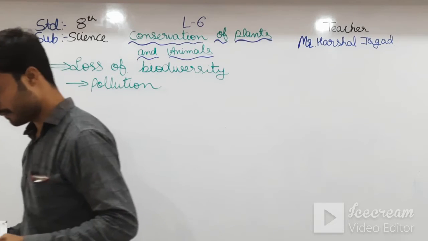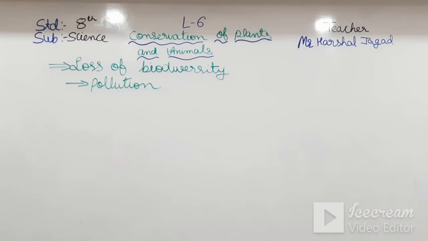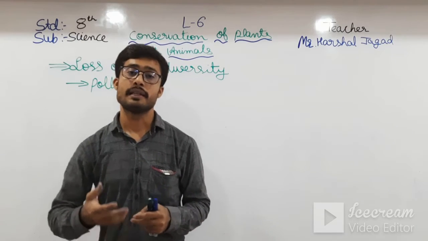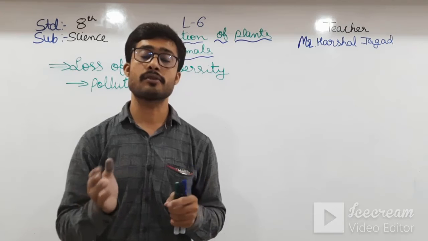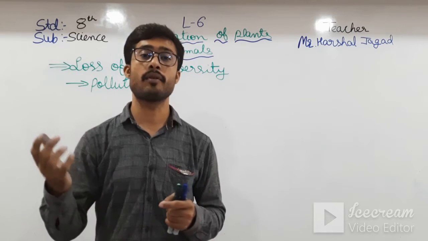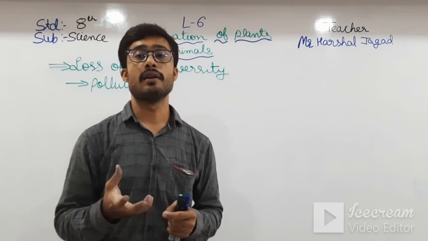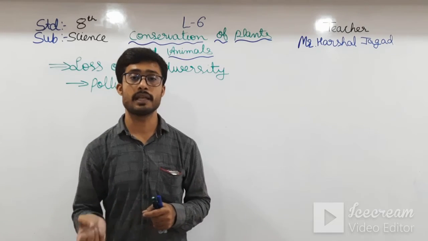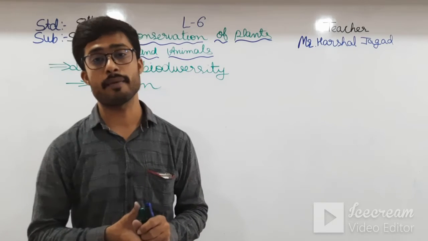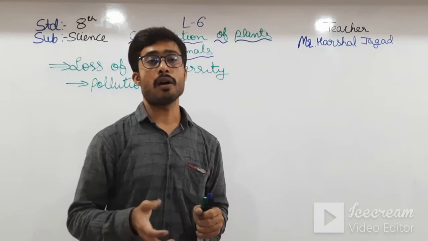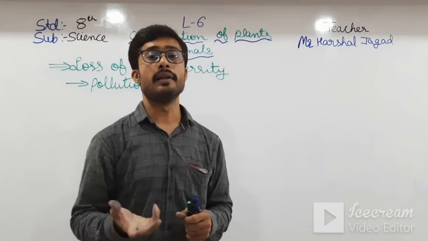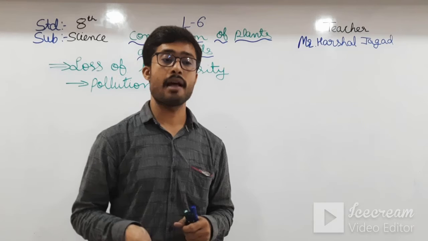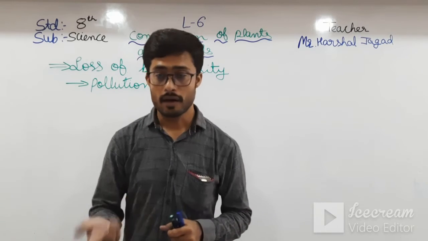Okay, students, pollution of air. How do we cause pollution of air? With the increasing population, vehicles and transportation increase, and due to daily demands, factories also increase. So as the population increases, pollution increases in the air, in the water and other things.